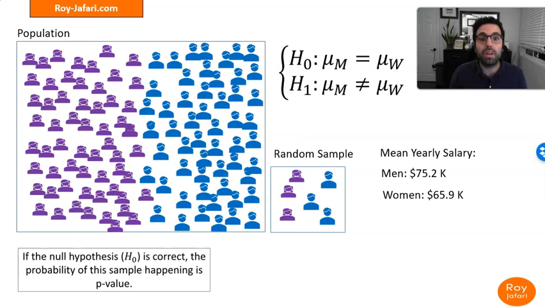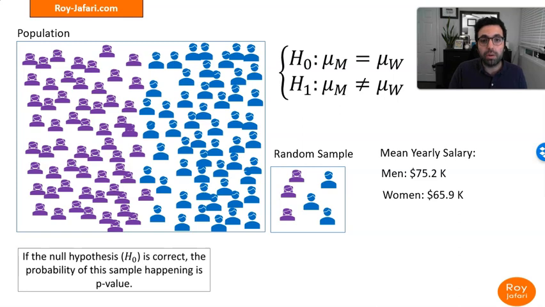Now we observe our sample, which we picked randomly. Let's say, for instance, we see that the average salary in this sample is 75.2 for men and 65.9 for women, right? So now we have a null hypothesis and we have a sample, so now we can calculate our p-value.